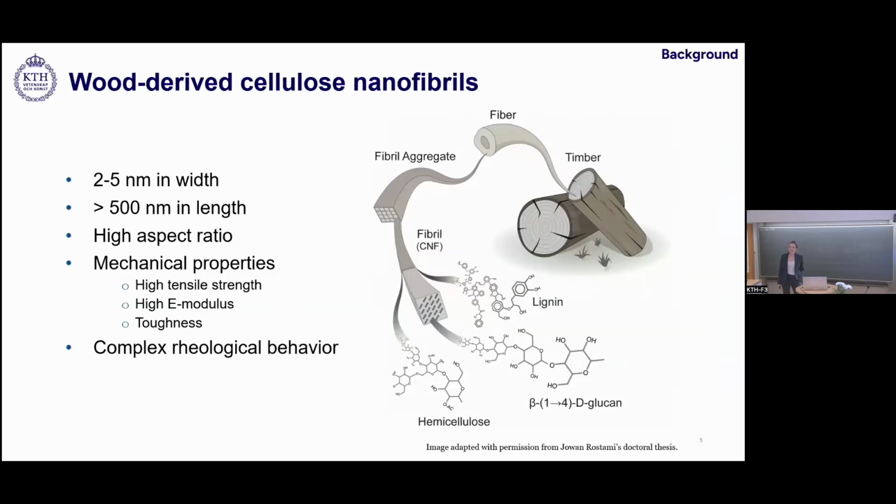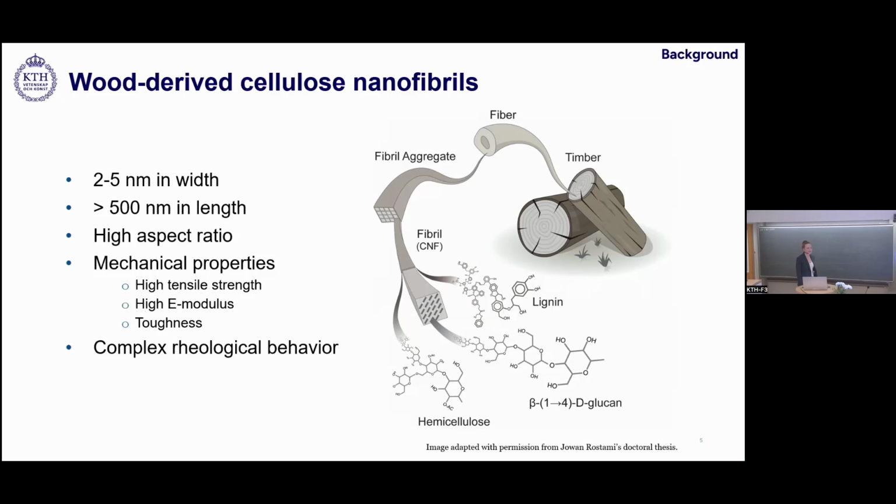So in this work, we have entirely focused on wood-derived cellulose nanofibrils. And the cellulose nanofibrils in wood are embedded in a matrix of hemicellulose and lignin in the cell wall. And by carefully removing the hemicellulose and lignin using chemical reactions and mechanical disintegration, we can obtain cellulose nanofibrils with widths ranging from 2 to 5 nanometers and lengths over 500 nanometers.